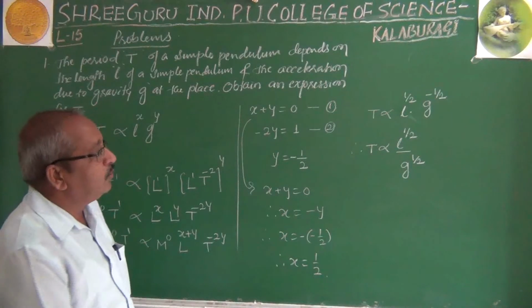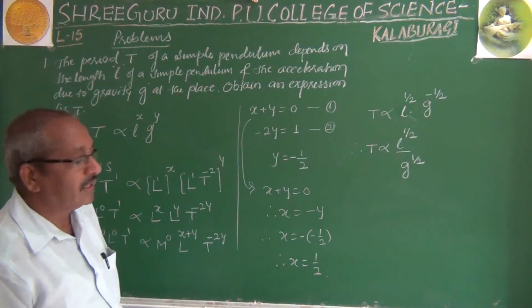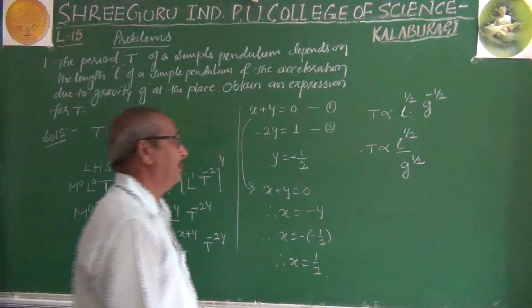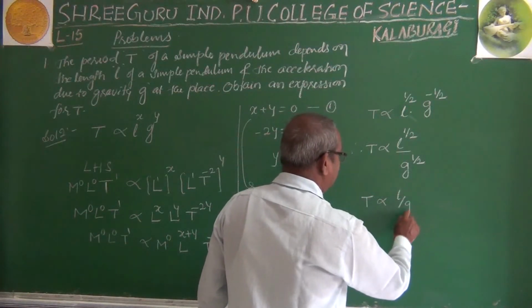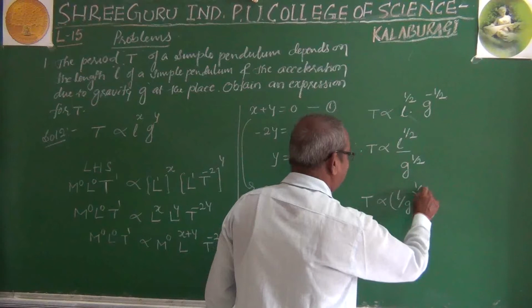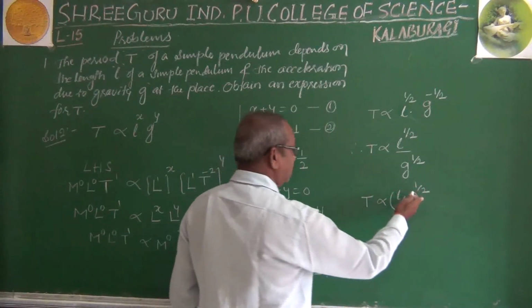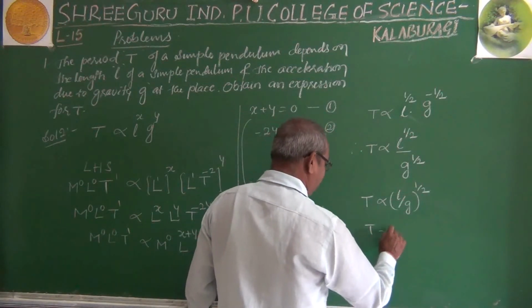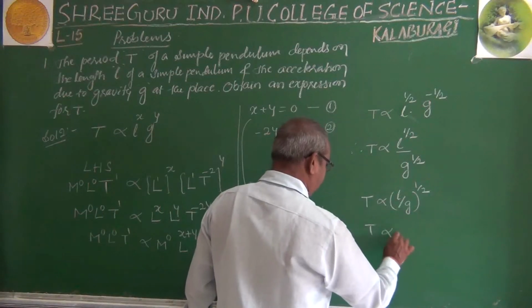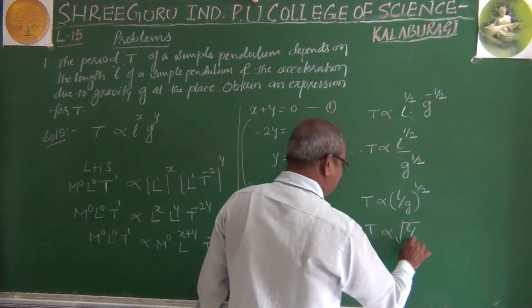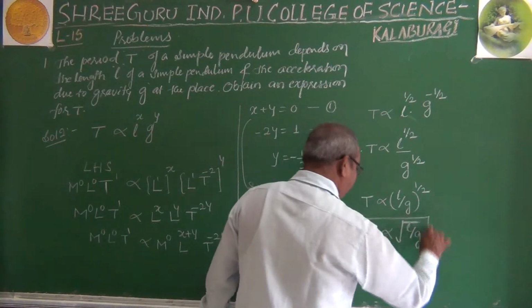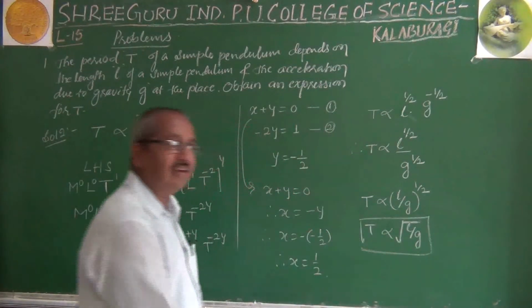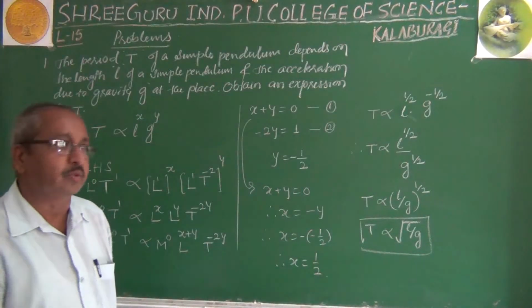In the numerator the power is 1 by 2, and in the denominator the power is also 1 by 2. So we write T proportional to L by G whole to the power 1 by 2, and the power 1 by 2 can be written as root of L by G. This is how the time period depends on the length and acceleration due to gravity.